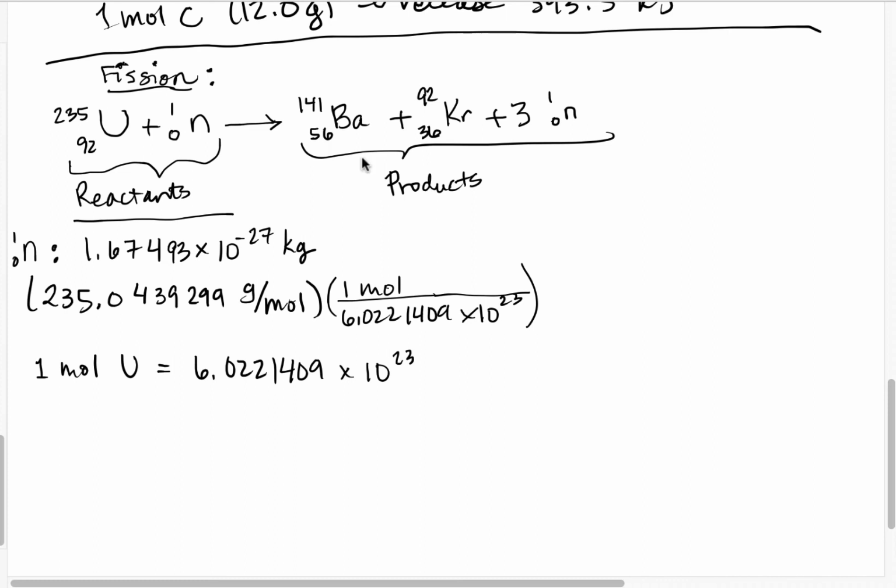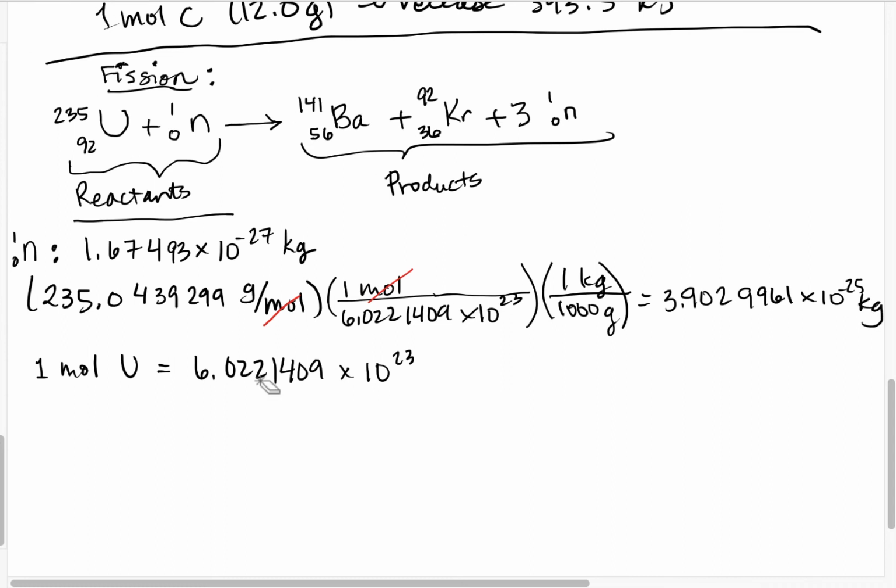This will get us grams per atom. So that's the mass of 1 atom. But we want kilograms, so we also need to divide by 1,000. If we do that, we will get 3.9029961 times 10 to the minus 25 kilograms.